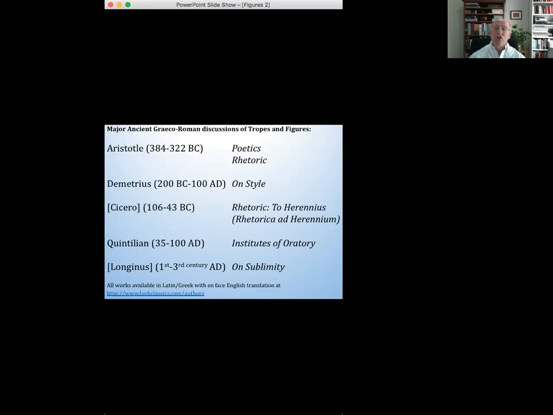Quintilian, Institutes of Oratory, provides an extensive, comprehensive discussion of the tropes and figures. And then Longinus on sublimity. Those are some of the main ancient Greek and Roman texts which provide definitions of the terms we now use to identify and discuss the tropes and figures.